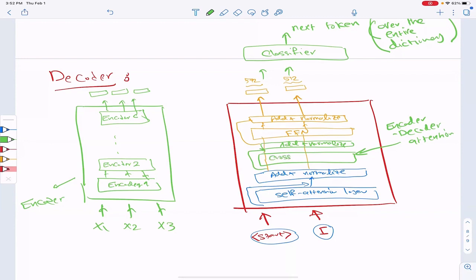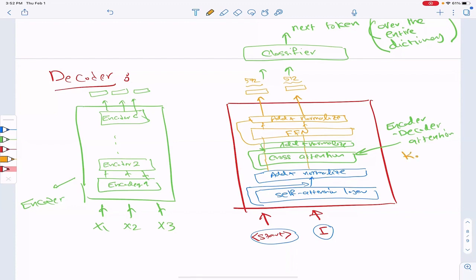Cross attention. Okay, so in order to compute attention, we needed the keys, the K matrix or projection, the values V, and also Q, the queries.